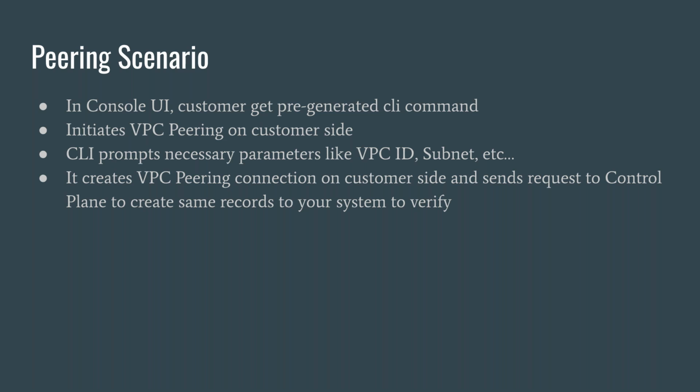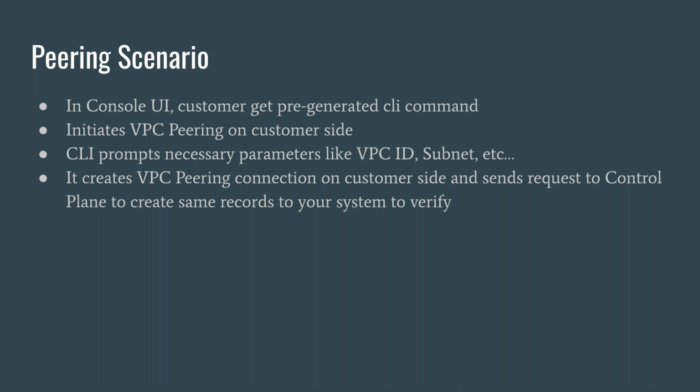And the second part: once this CLI successfully initiates the VPC peering connection, it sends a request to your control plane again. Why? Because it just succeeded on the customer side, so it sends a notification to the control plane to finalize the remaining parts. I don't know if you know about AWS VPC peering, but when you create a VPC peering on the owner part, you need to provide cross values to the peer part and do the same operation in order to make an active connection.